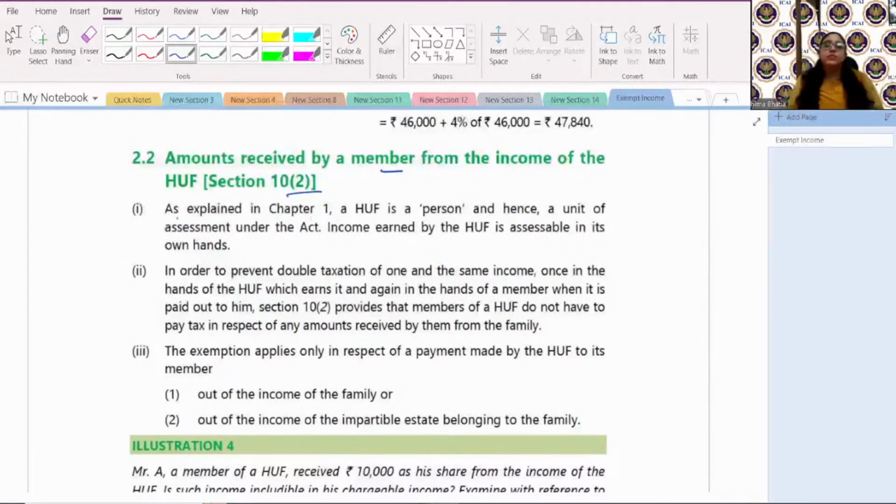Any share received from the HUF would be exempt in the hands of the member. Why so? Because HUF has already paid tax on it, so the member would not pay tax on that share. Member को कोई और income हो रहा है, if the member is having any other income, that would be taxable in his hand. But the HUF share would not be taxable by the clear reason that HUF has paid tax on it.